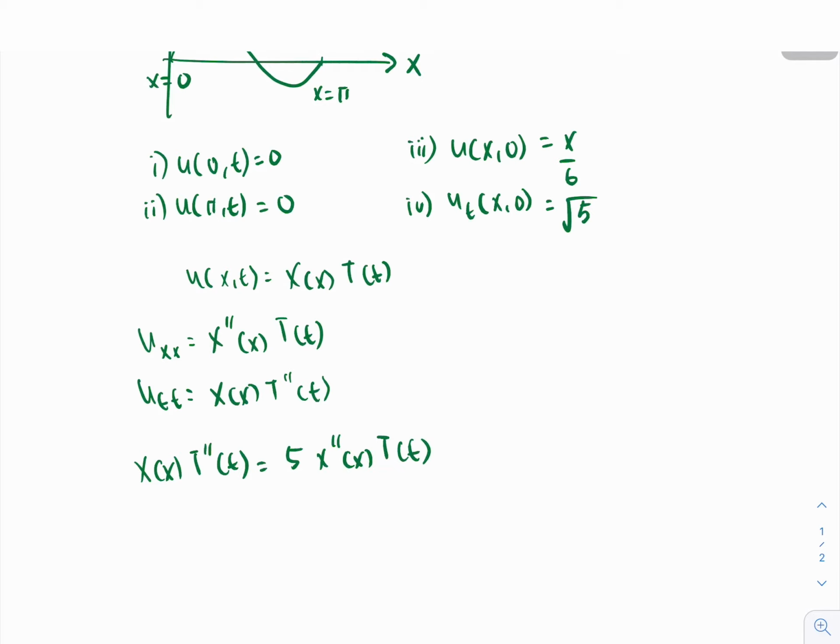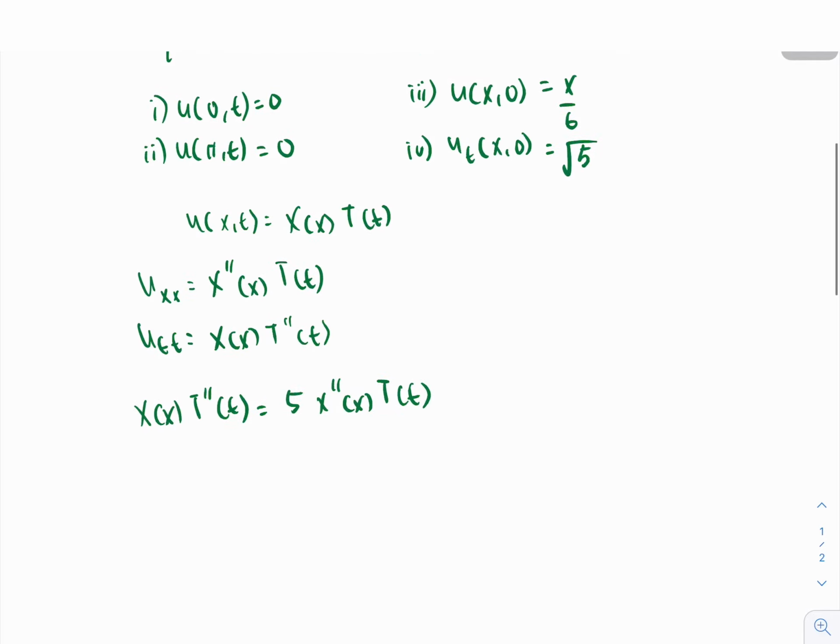Then we want to separate the variables. So we'll have X double prime over X equals T double prime over 5T, and these are equal to negative lambda squared, because negative lambda squared will give us a solution.